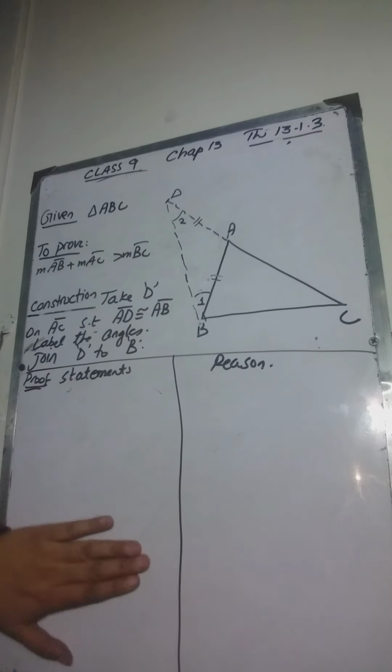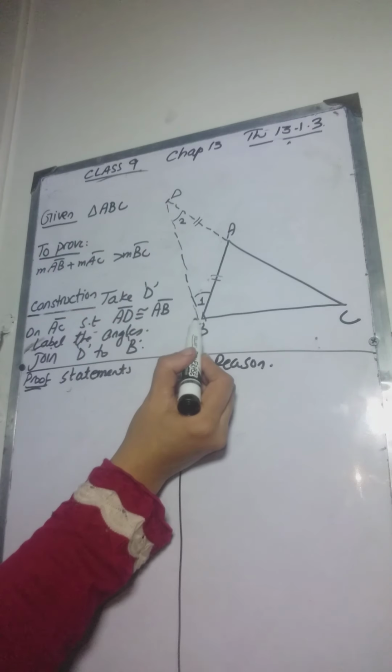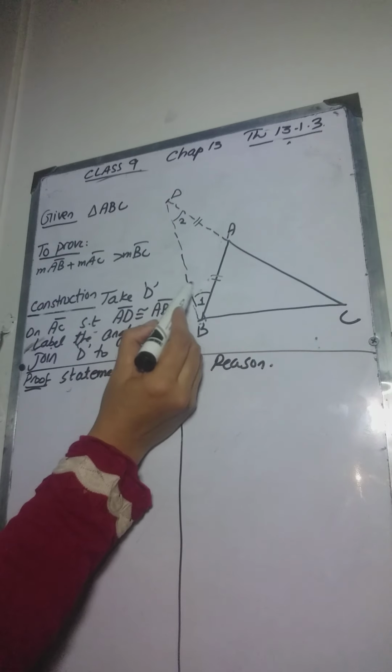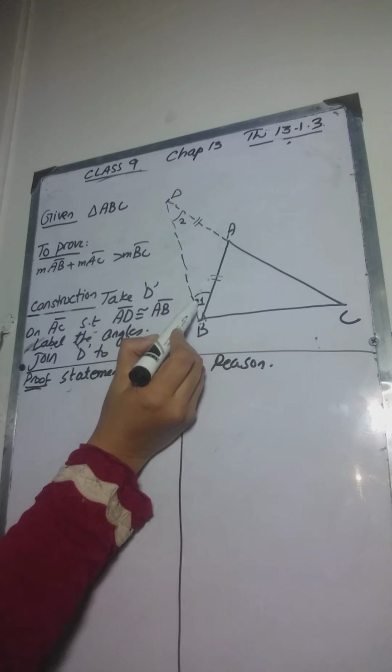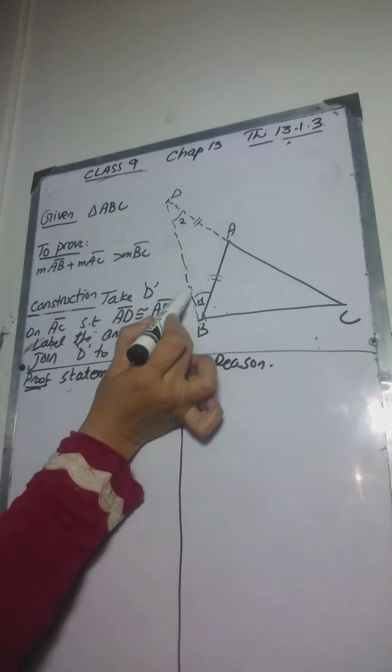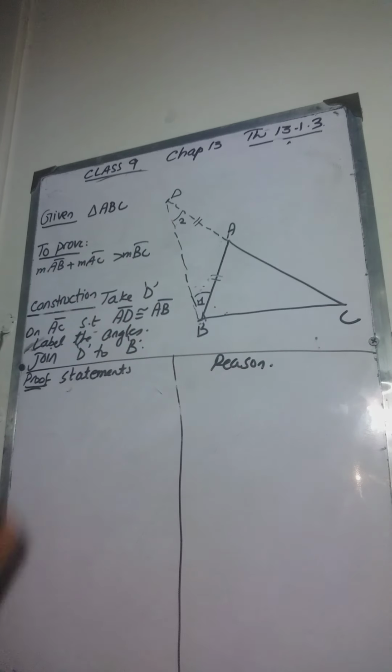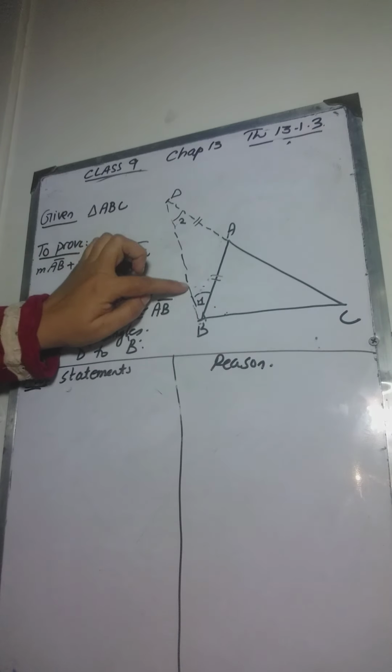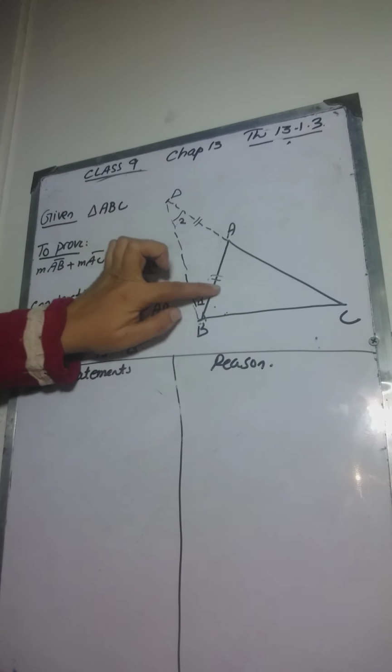Also this whole angle DBC will be greater than angle 1, because it is made up of this angle plus angle 1. But angle 1 and angle 2 are the same, so this angle will be greater than angle 2 also. So first we are going to prove that angle B is greater than angle 2.